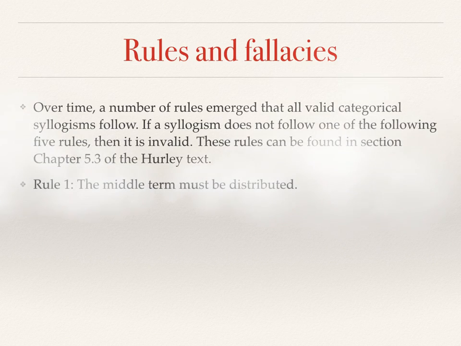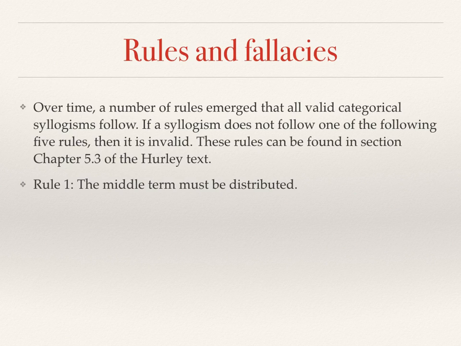Okay. So rule 1, the middle term must be distributed. So if you'll recall our earlier discussion of being distributed, a term is distributed if it tells us everything we need to know about a particular either subject or predicate. If it doesn't tell us or apply to all of that particular subject or predicate, it's not distributed.